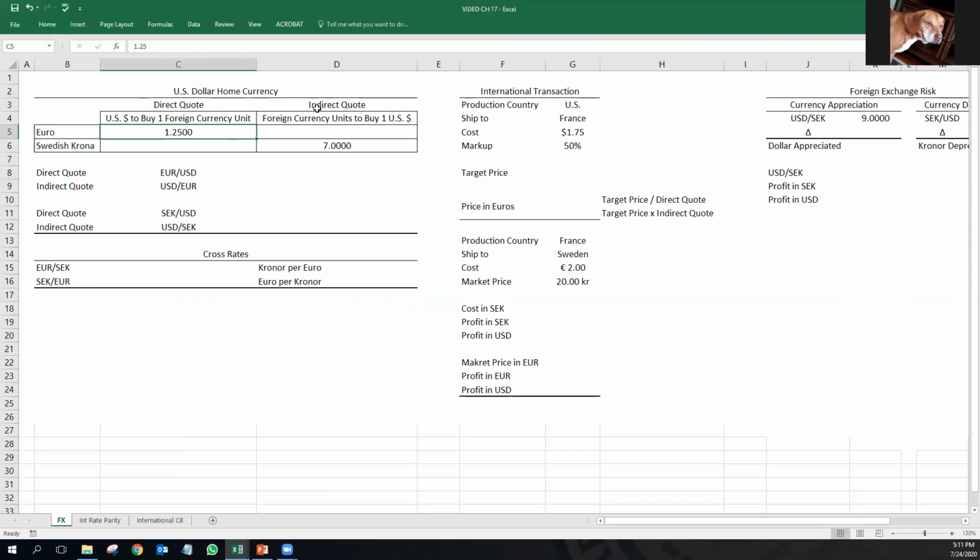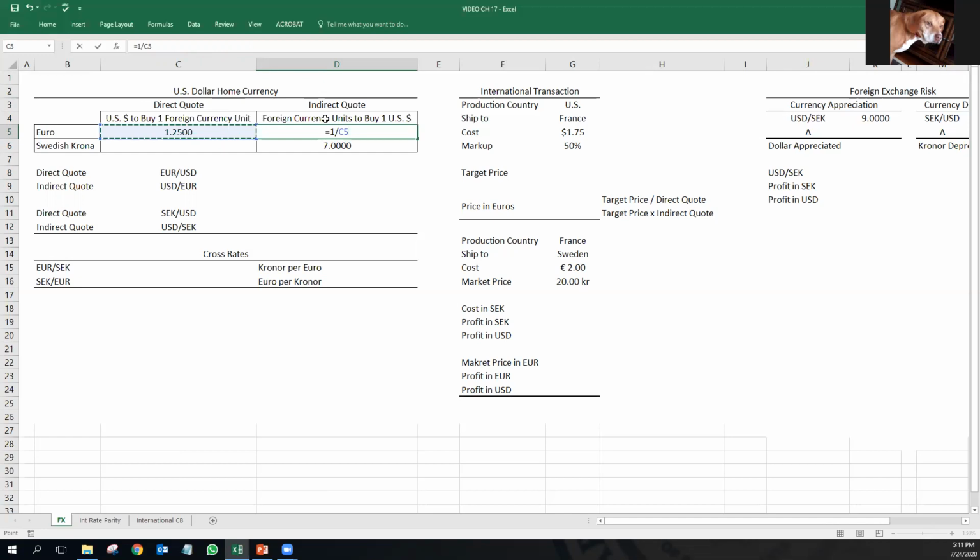Now, if you want the indirect quote, which is the flip side of it, how much of the foreign currency would you need to buy 1 US dollar? It's as simple as you take 1 divided by whatever the other quote was, and that gives you the flip side.